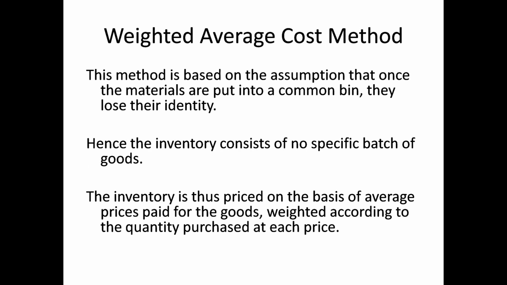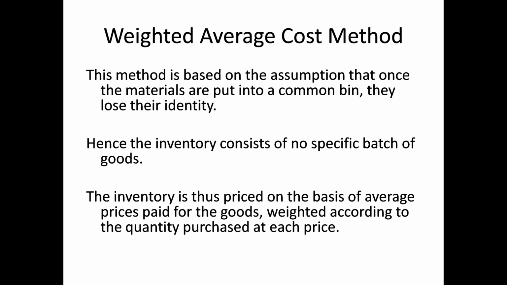Weighted average cost method. This method is based on the assumption that once the materials are put into a common bin, they lose their identity. Okay, now all the inventories are inside the common bin. That's how we assume.